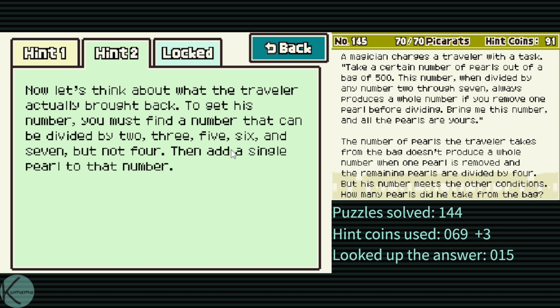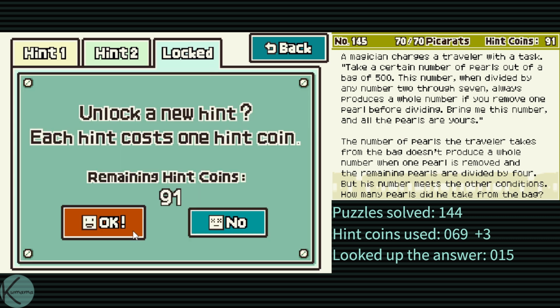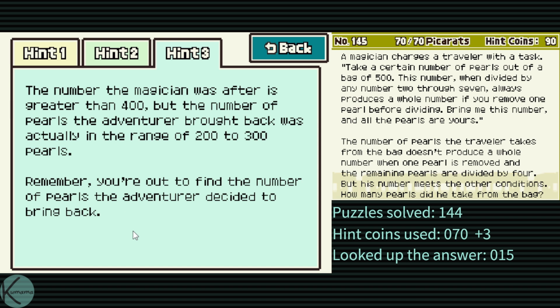To get his number, you must find a number that can be divided by 2, 3, 5, 6, and 7, but not 4. Then add a single pearl to that number. The number the magician was after is greater than 400, but the number of pearls the adventurer brought back was actually in the range of 200 to 300 pearls. Remember, you're out to find the number of pearls the adventurer decided to bring back.